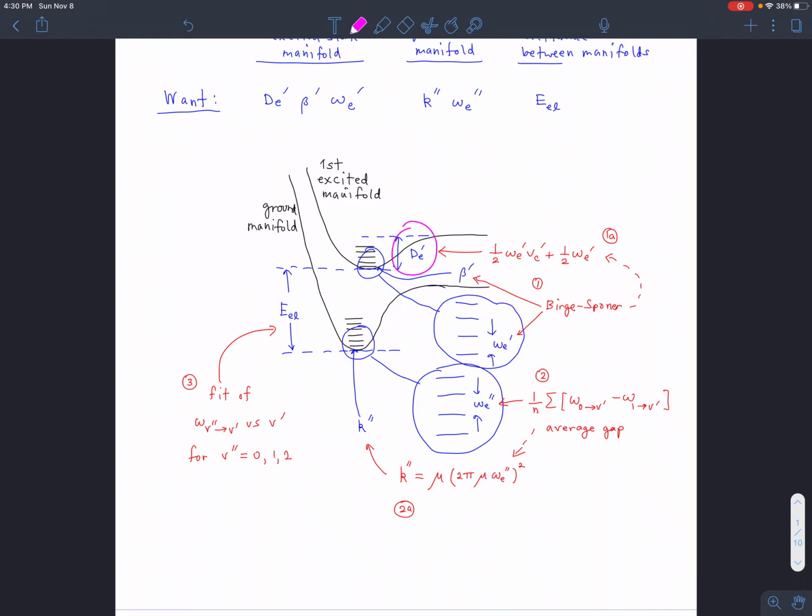So: the depth of the well in the excited state, the spacing between the vibrational levels in the excited state, the sharpness of the well in the excited state, the spacing between the levels in the ground state, the spring constant in the ground state, and then finally the gap between the bottom of the well in the ground state and the bottom of the well in the excited state.